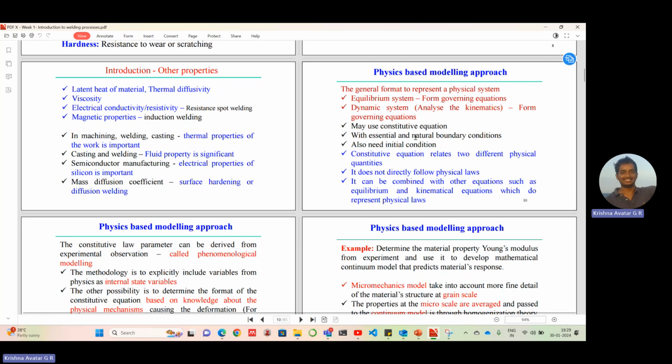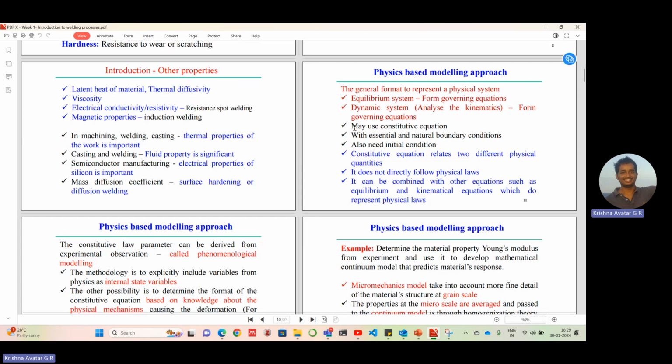The energy approach, where we construct a general energy function for the entire system, and then using the principles derived from the calculus of variations, we can obtain the governing equations. And the second approach is what we call the force balance approach, which very much follows from the classical Newton's laws of motion.